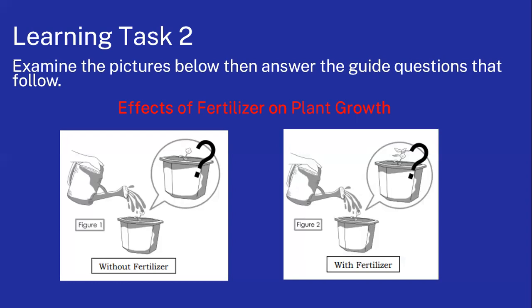Fourth question: is there any relationship among the variables in figure 1 and figure 2? Of course, they have relationships, the fertilizer and the plant growth. And how do these pictures relate to hypothesis?